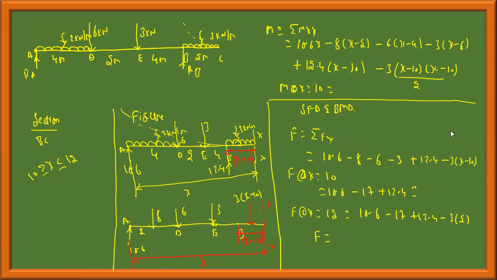How much? 10.6 minus 17 plus 24, 12.4. How much, Raghavendra?